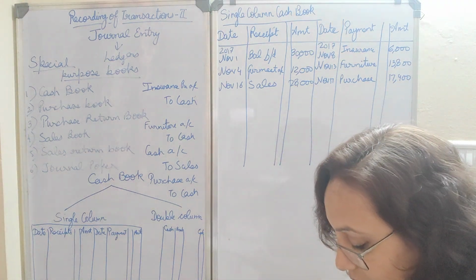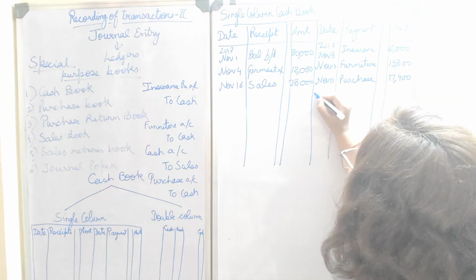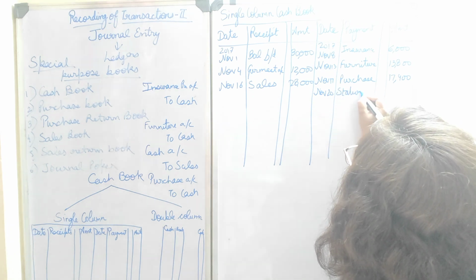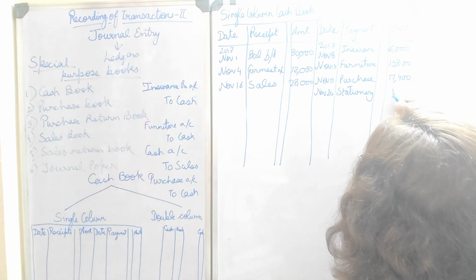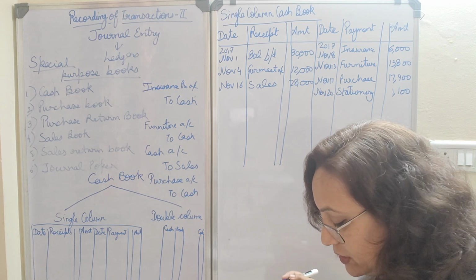Now next is purchase stationery. Again stationery is my expense, so it will come November 20. Stationery. So stationery amount is how much? 1,100.